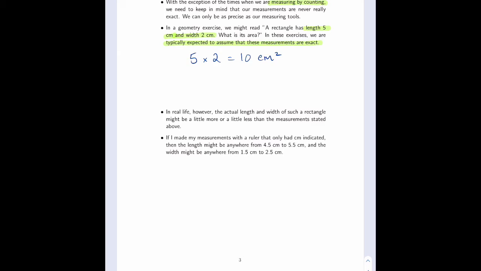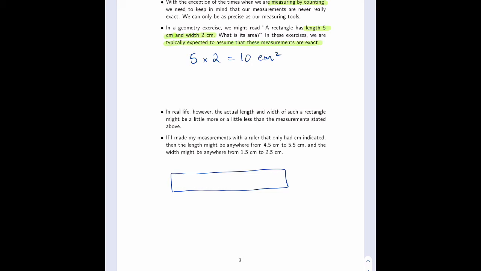But in real life, chances are it's not 2 on the nose. It's close enough to 2 that with the ruler I have, I can't be more precise than that. But it might not be exactly 2.